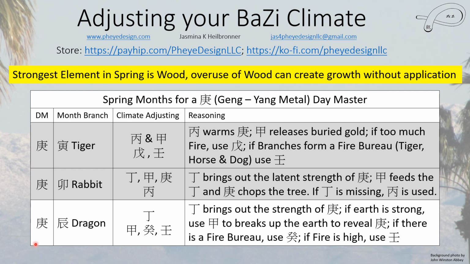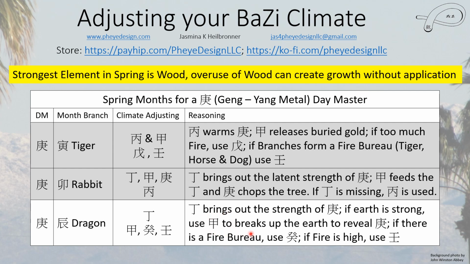So if you are a Gung metal daymaster born in the month of the dragon, it's quite a bit similar to this. The last few are a bit different, but it brings out the strength, the Ding does. And if the earth is strong, and you're going to have more earth because dragon is an earth animal, it will have some earth in the hidden stem, so that will add some of the earth.